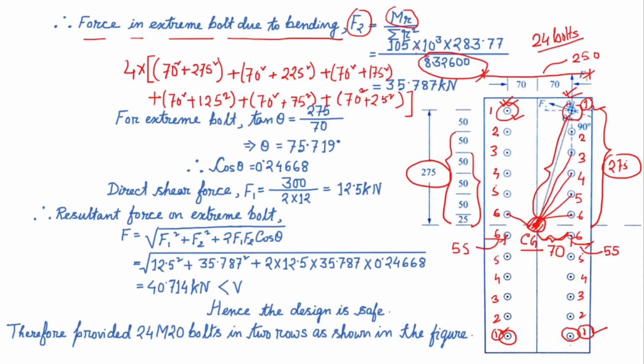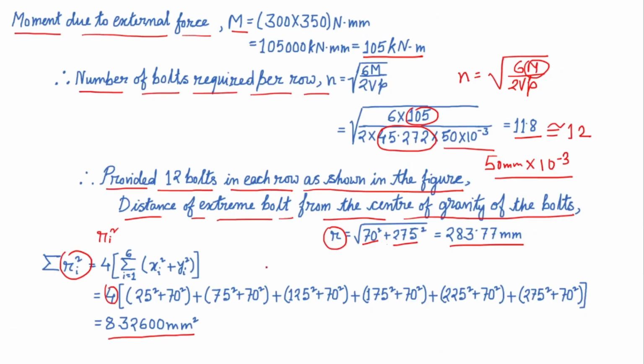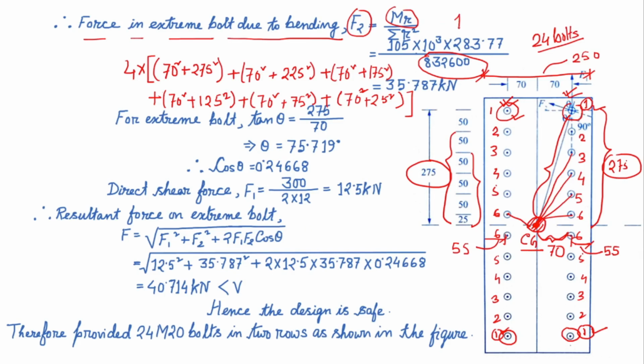So we have converted it to kilonewton mm, as this is in mm square. Okay, so we have converted to mm, 105 into 10 cube kilonewton mm, and 283.77 is also in mm. So finally F2 is calculated as 35.787 kilonewton.